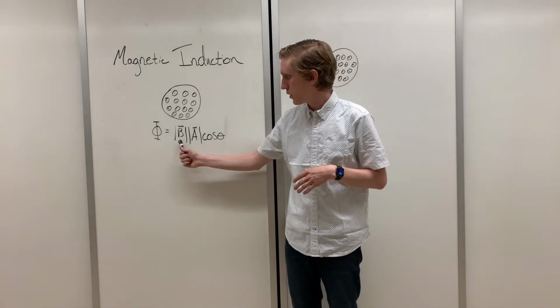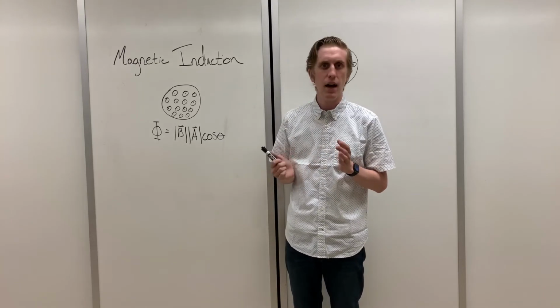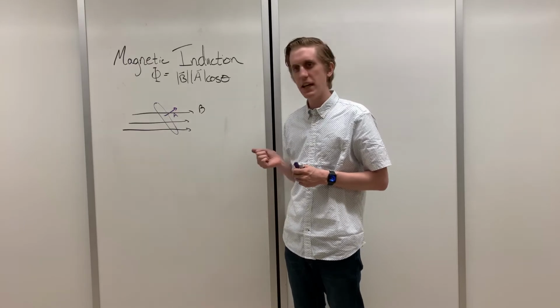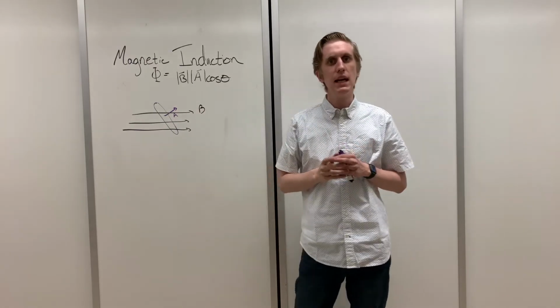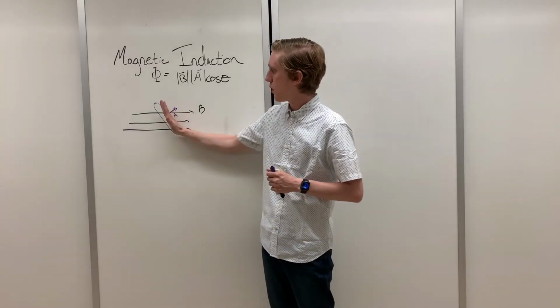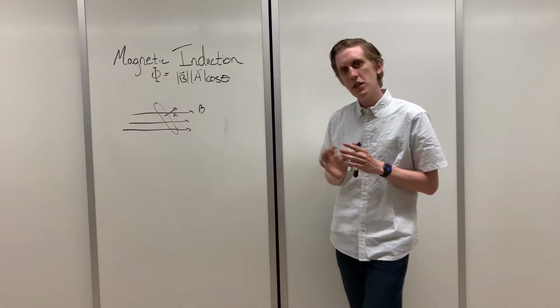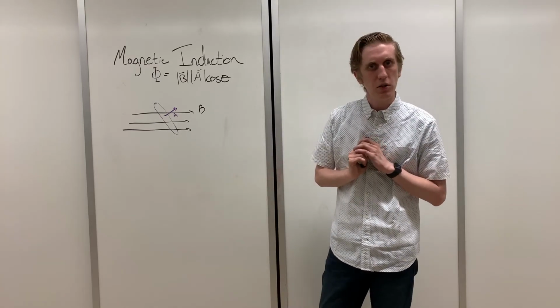Instead of changing the strength of the magnetic field, let's change the cosine of the angle. Suppose we have this magnetic field here pointing to the right, and this loop of wire that's sitting in the magnetic field. What's going to happen if we allow this loop of wire to rotate counterclockwise? Well, we know that the flux through this loop of wire is going to change.